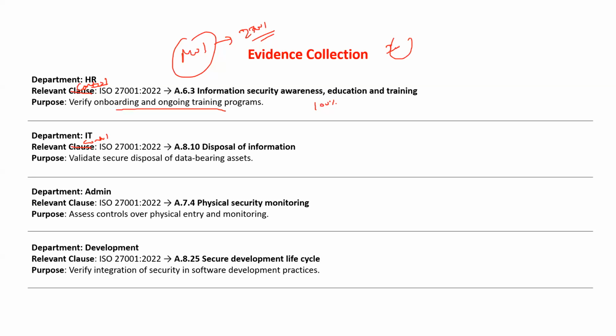So like this, I will be collecting the evidence, looking into the LMS training logs, onboarding policy PDFs, and screenshots of the training modules of phishing, password hygiene, any kind of training it can be. With that, I came to know that the new hire is completing the training program within 3 days.